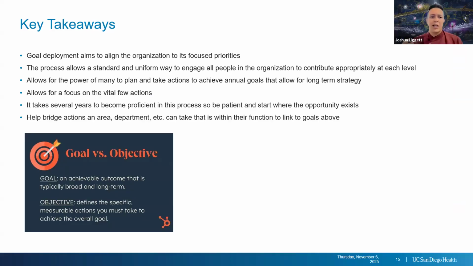So we have that at the hospital system level, and how can we align our individual department goals with the ethos behind high reliable care, efficient services, improved access to our patients, and so forth.